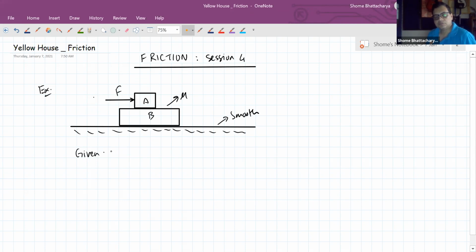Given the mass of block A is 10 kilograms, the mass of block B is 15 kilograms, and the coefficient of friction is 0.3. Okay.